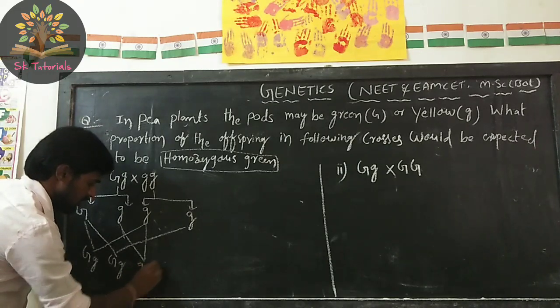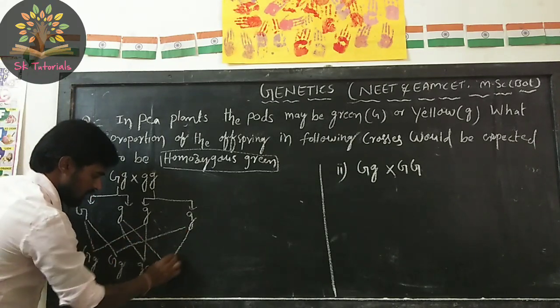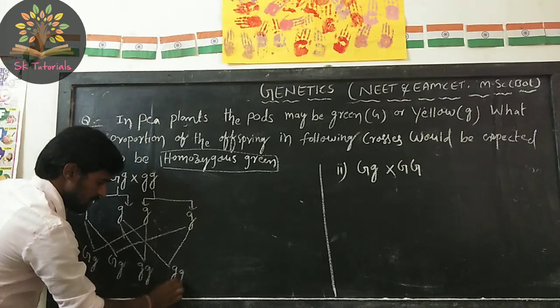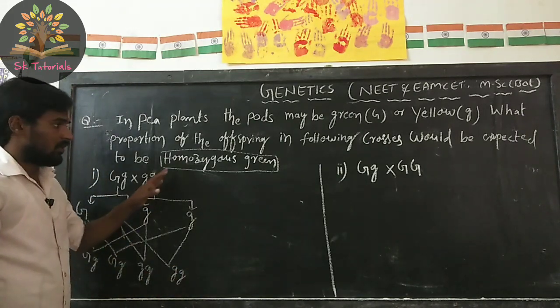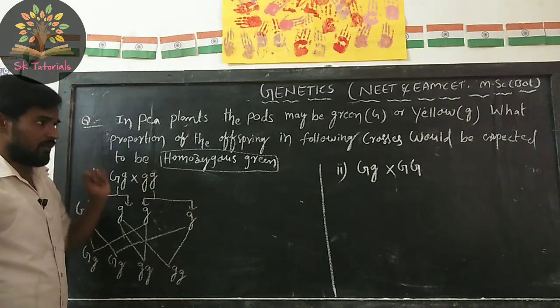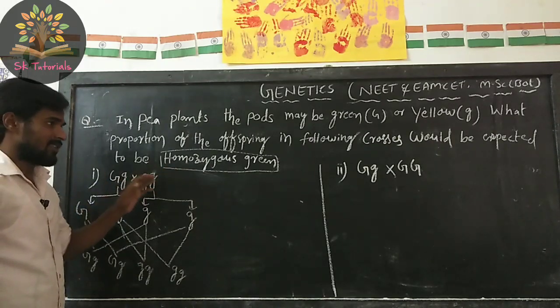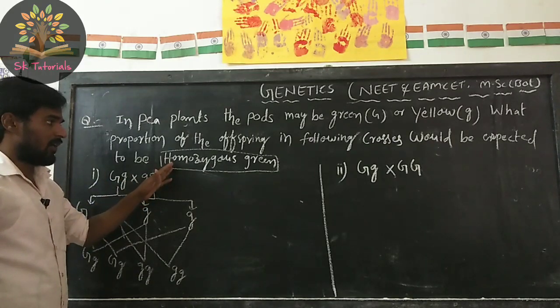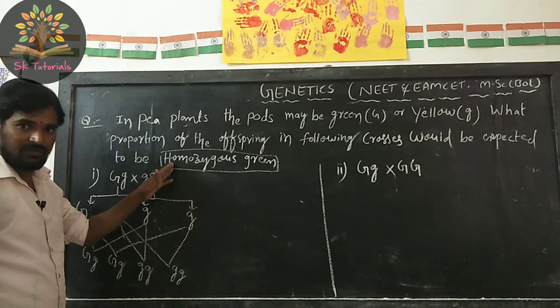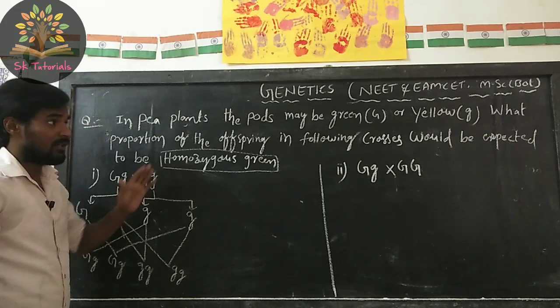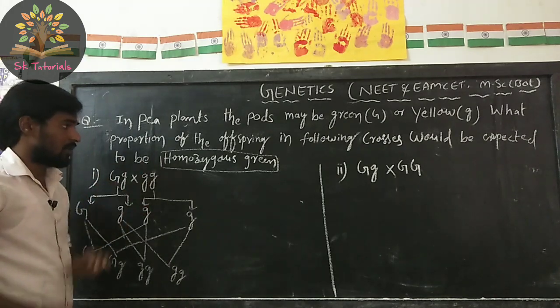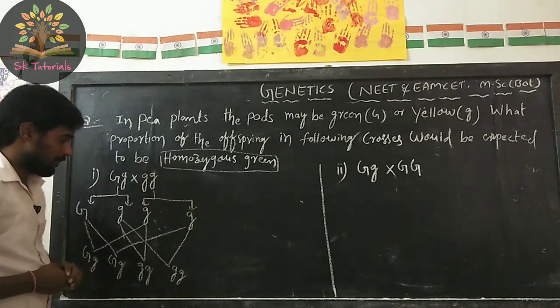Small g, small g. Small g, small g. Once again, recall the question. He asked to find out the homozygous green, not heterozygous green, not homozygous yellow. He asked about homozygous green.